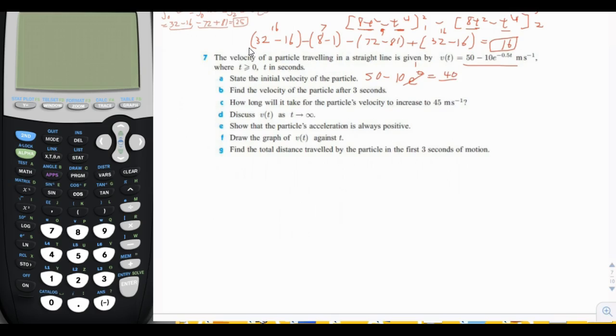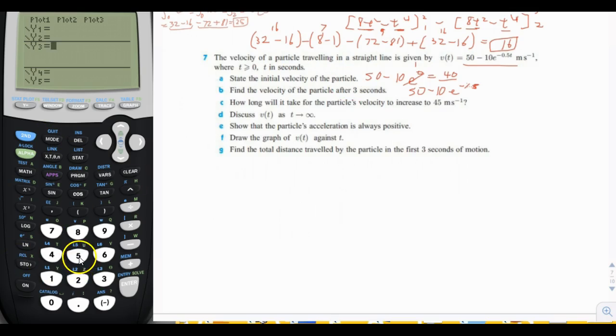Find the velocity of the particle after 3 seconds. Okay, so now we just do 50 minus 10 e to the negative 0.5 times 3, which is negative 1.5. Obviously we're going to have to use the calculator here if we want an exact answer.